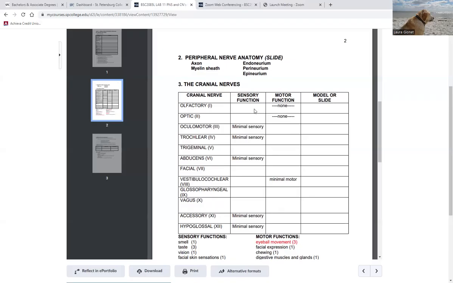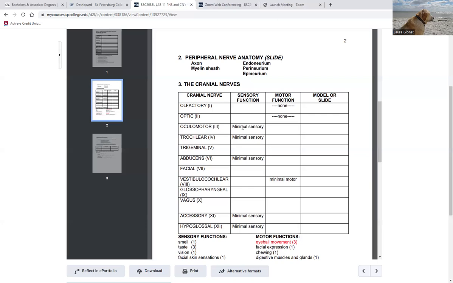The sense is smell, right? And it has no motor function. I'll just tell you, the first 2 cranial nerves are sensory only, and the last 2 on the bottom are really motor only. It says minimal sensory, and that's correct. There's a certain amount of what's called proprioceptive sensation that comes from it, but you can't isolate it and test it.